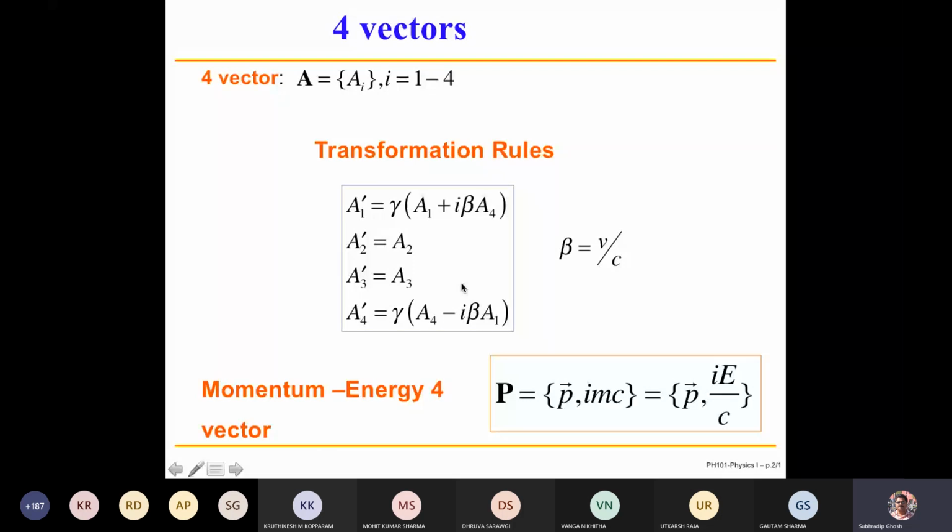Now, when you consider the space-time four vector, then you get back the Lorentz transformation relations between the space and the time coordinates.